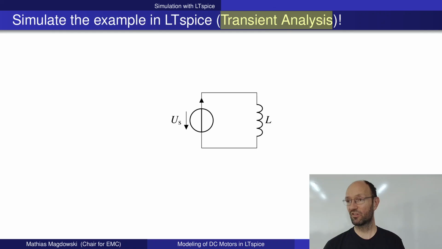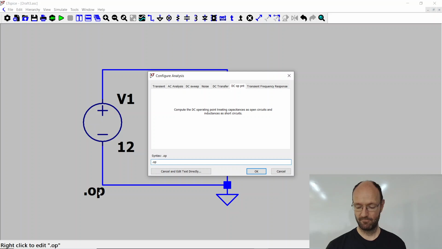If you click on this with the right mouse button, now we switch to transient. And then it asks us for several settings, for example, what the stop time of our simulation should be, how long we would like to simulate.